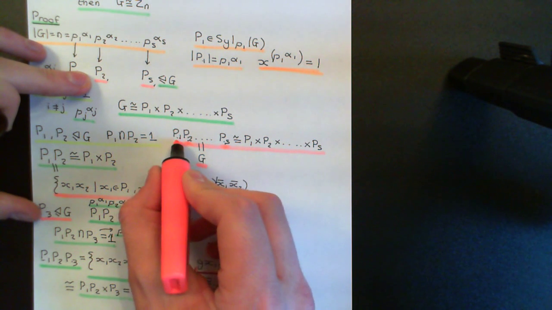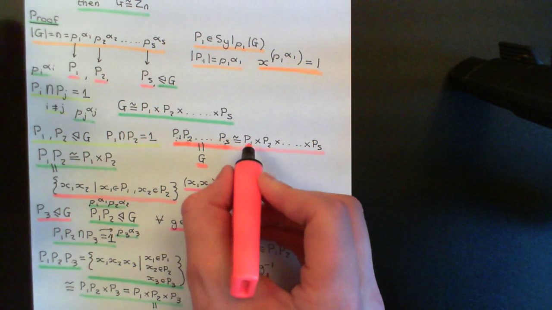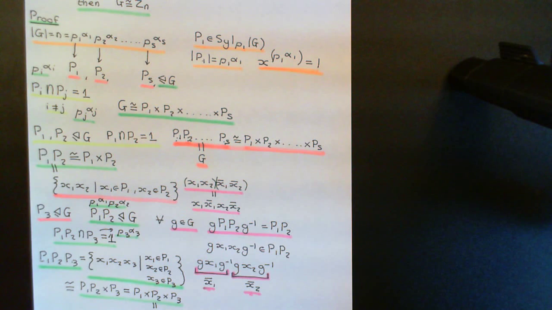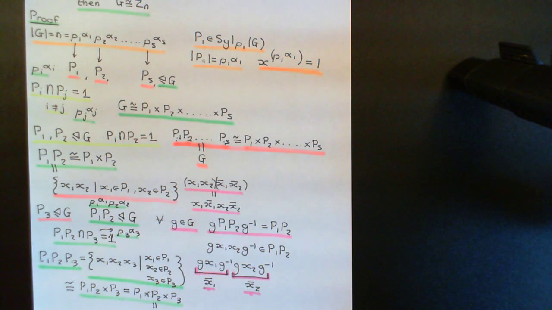And the composition is extremely simple. It's just component-wise, the way that it's component-wise over there. That's what this statement is really saying. It's showing you how the structure of this group that obeys this bizarre property that we started off by stating is extremely simple.